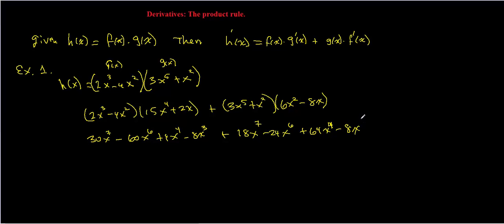And then you have to combine all that. And this combines to 48. 30 and 18 will be 48x to the 7. Now you can cancel these out so you know we're done with those. And then negative 84x to the 6. And those are gone.